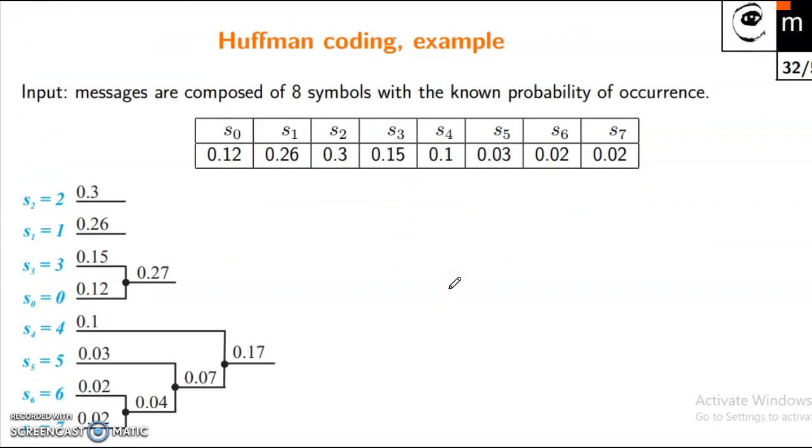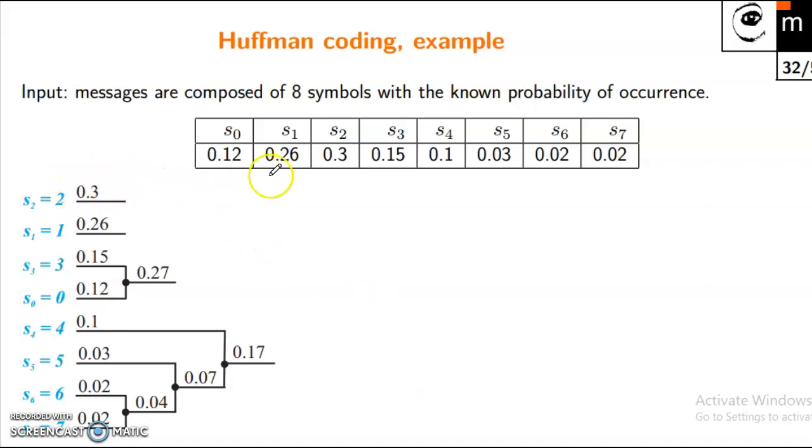Huffman coding example. Input messages are composed of 8 symbols with a known probability of occurrence, S0 to S7.